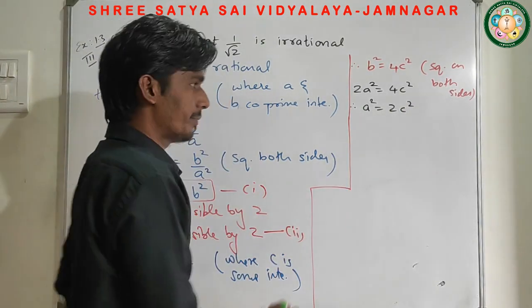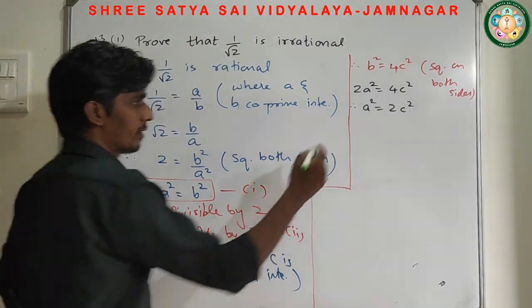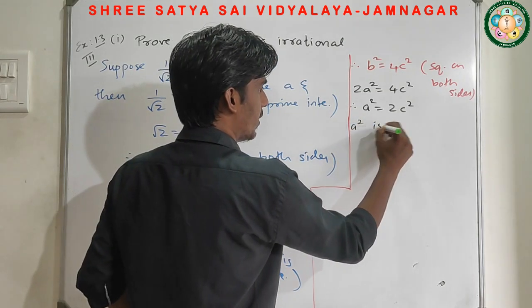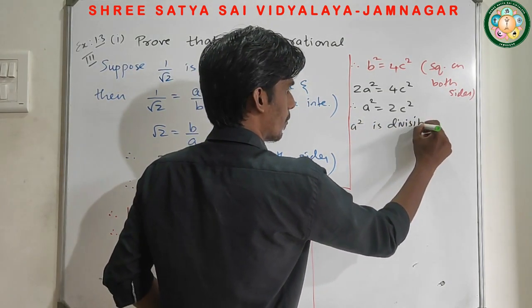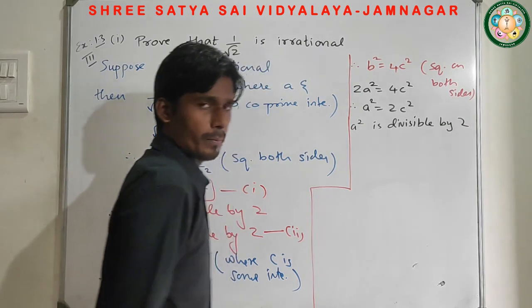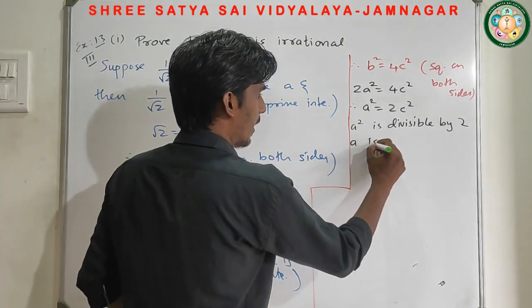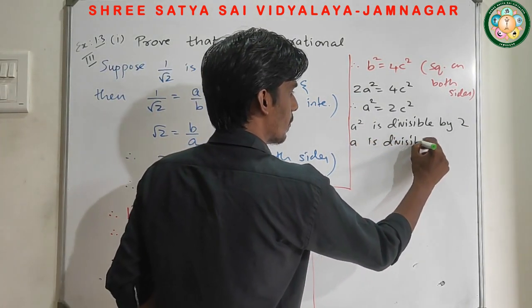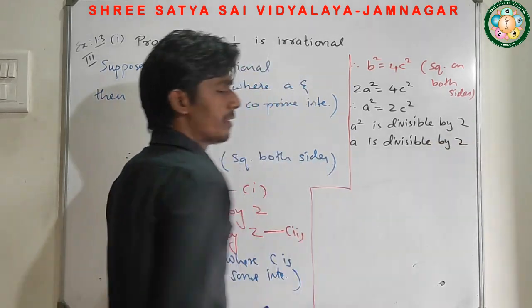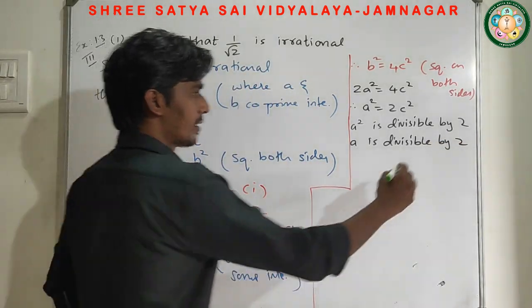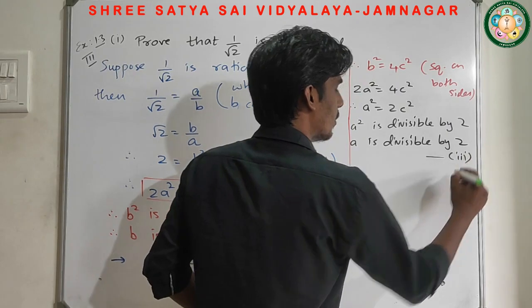So I can write now, the way we have written this one, a square is divisible by 2. Then a is also divisible by 2. Say this statement as third.